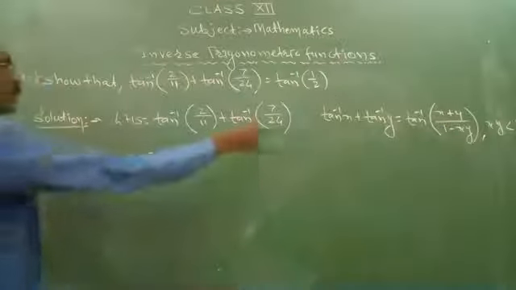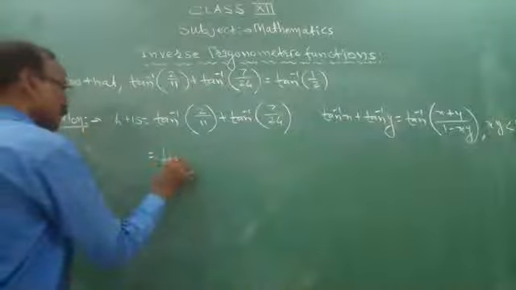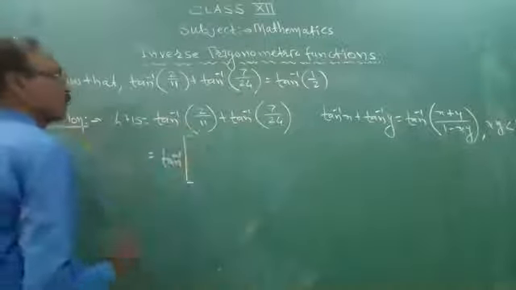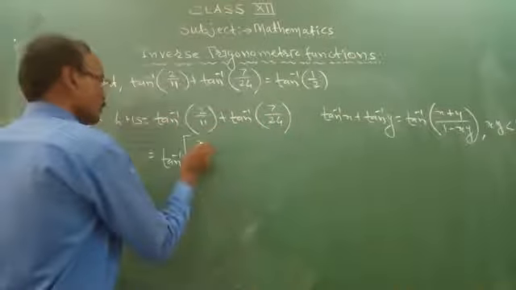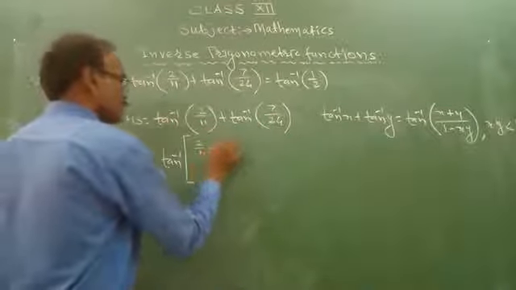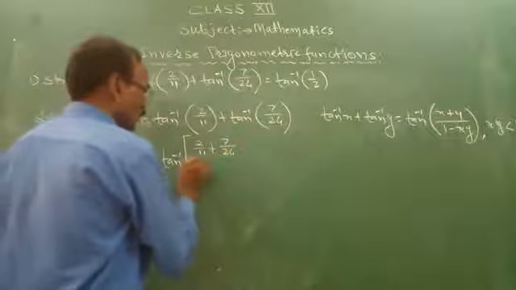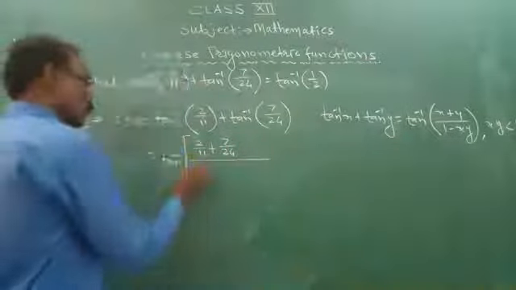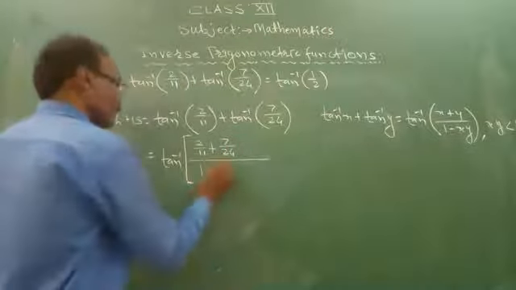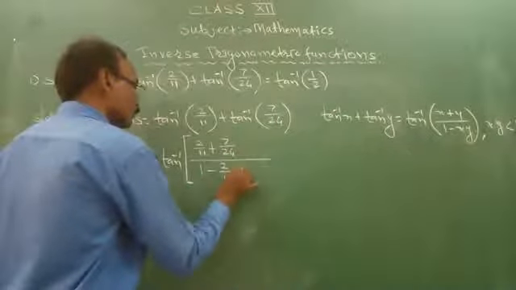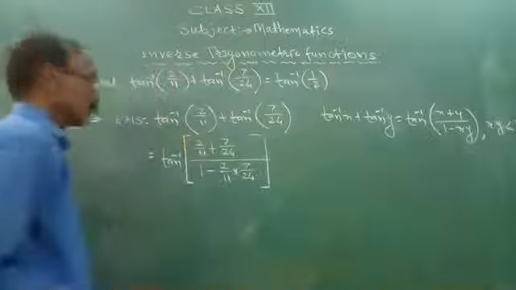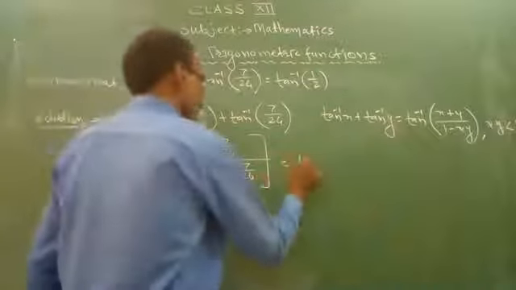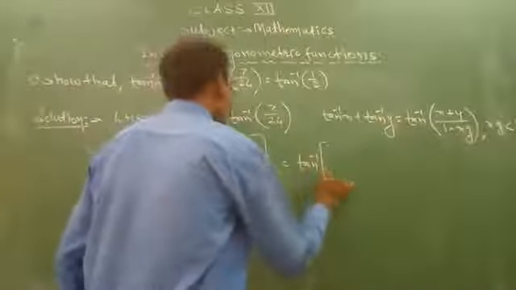So use that same formula here. So it will be tan inverse, and this is your x and this is your y. So 2 by 11 plus 7 by 24 is x plus y, then 1 minus x into y, 2 by 11 into 7 upon 24.